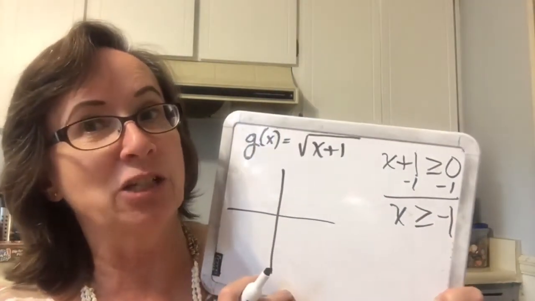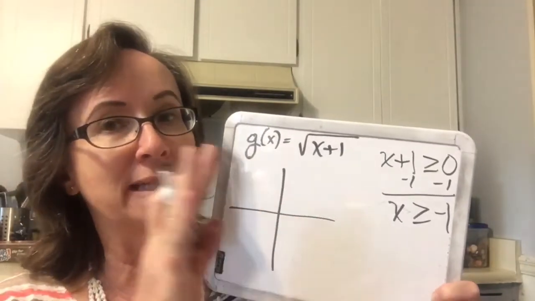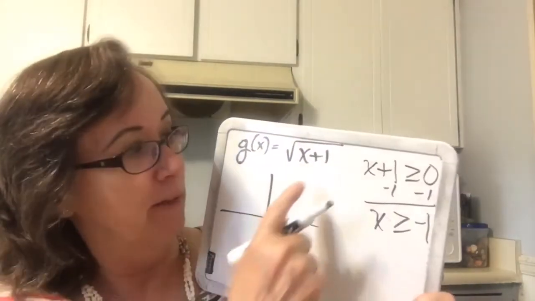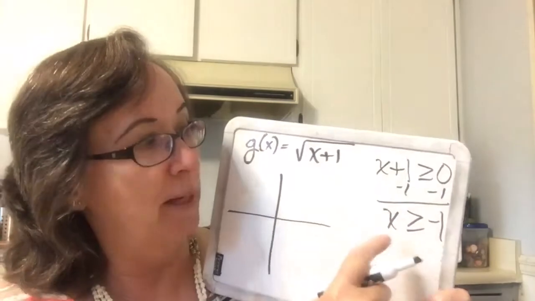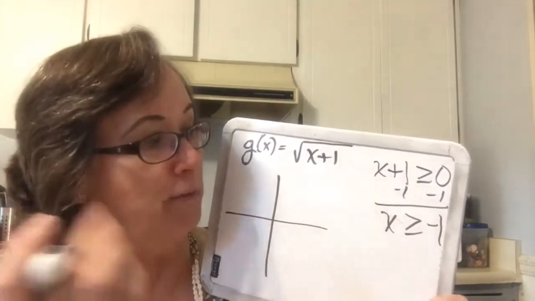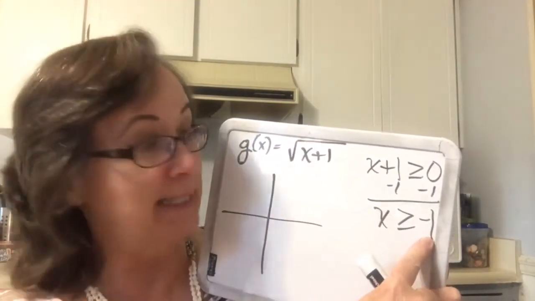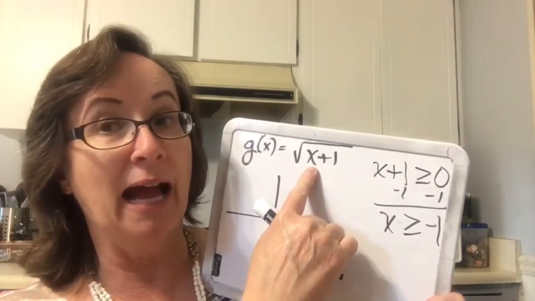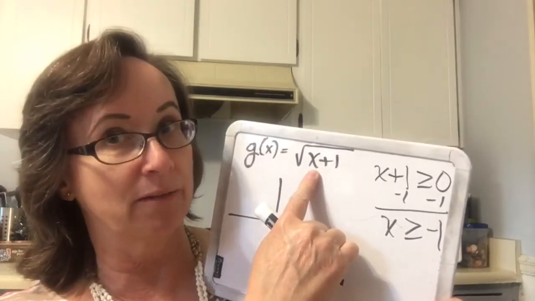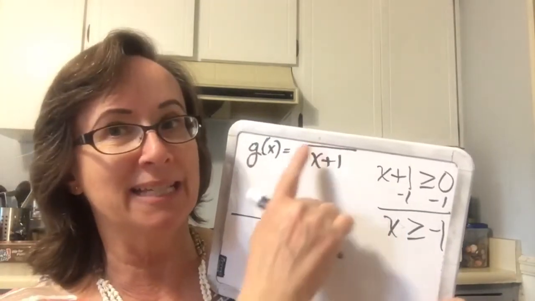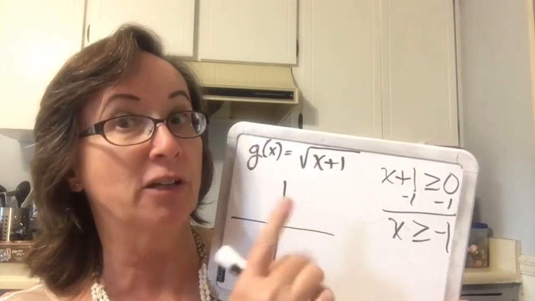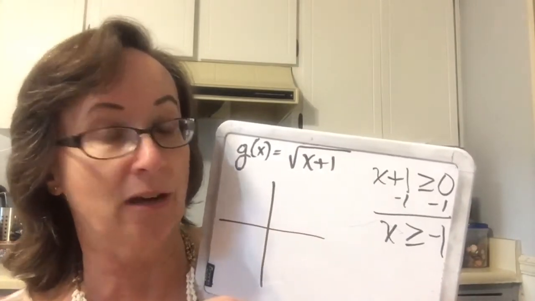So this actually moves the function one step to the left. There's a positive sign there, but it moves the function to the left one because notice, if I plugged in a negative 1 right here, I would get the square root of 0. And so whatever makes this go to 0 is where your square root function would start.